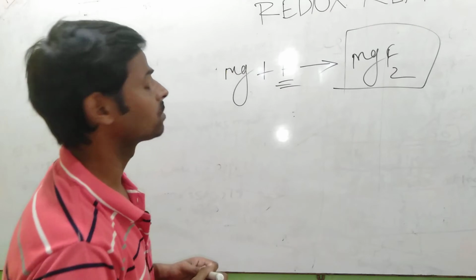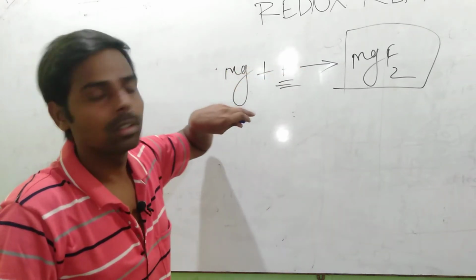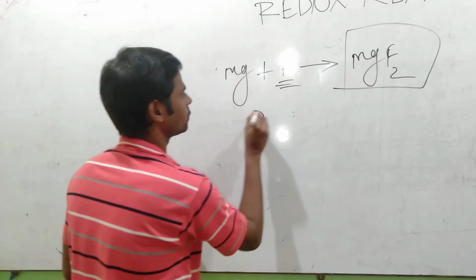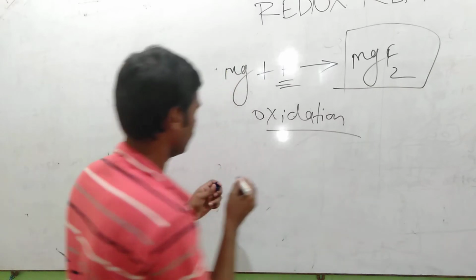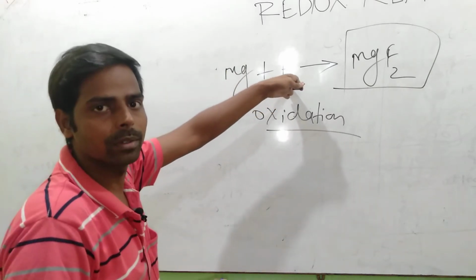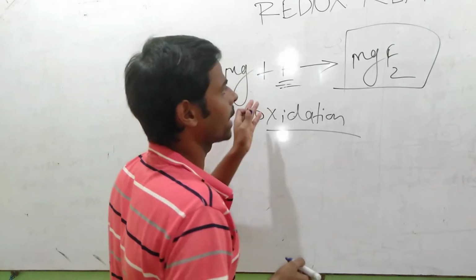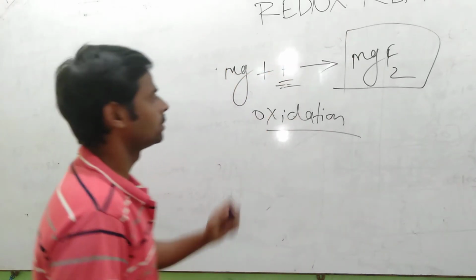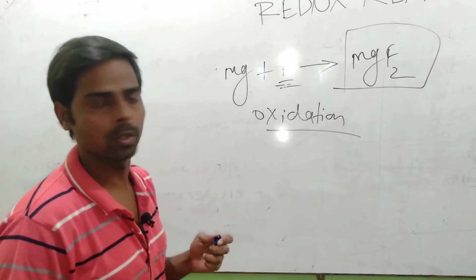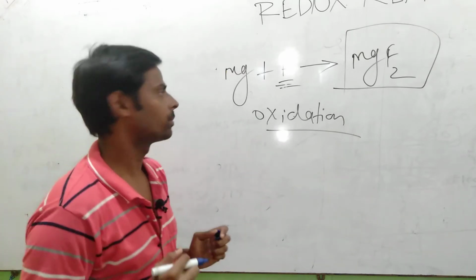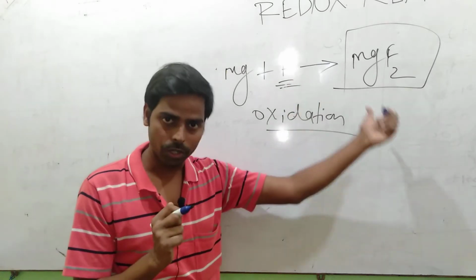This is addition of electronegative element, which is called oxidation. Fluorine is an electronegative element, and fluorine is added in the reactant to form the product. This is also an example of oxidation. Addition of electronegative element is called oxidation.